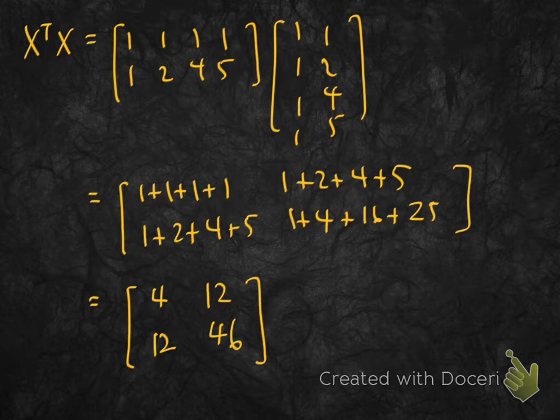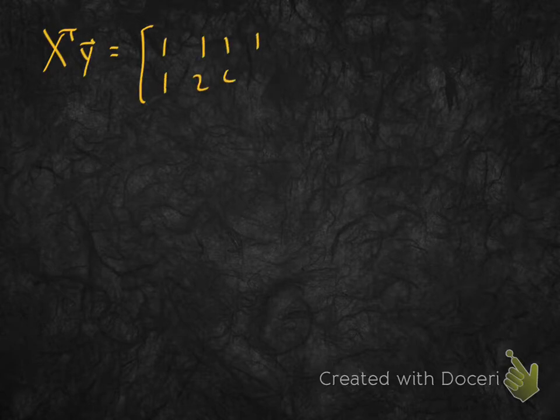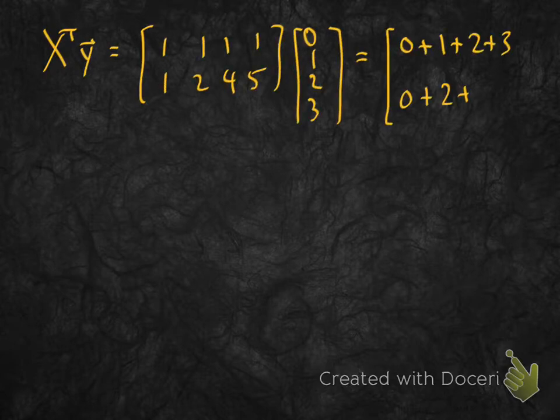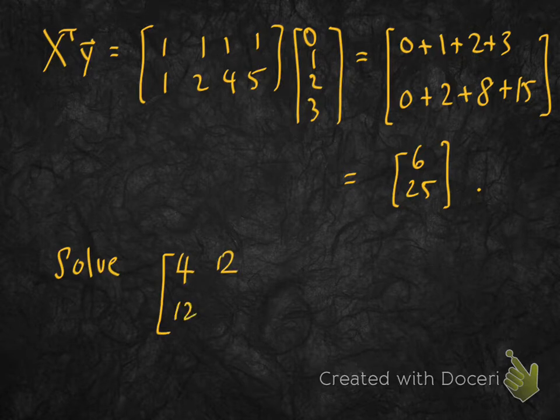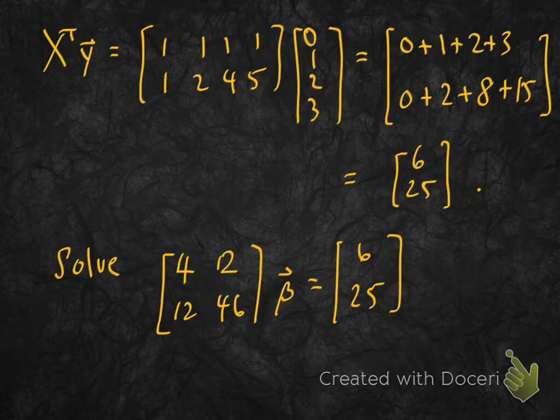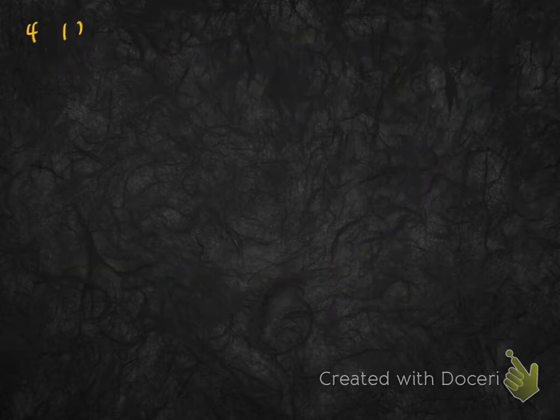If you don't get a symmetric matrix when you compute matrix transpose times matrix, then go back and check. You should get a symmetric matrix. I compute X transpose y and get this vector 6, 25. So we're trying to solve the normal equation, which looks like 4, 12, 12, 46 times beta equals 6, 25.